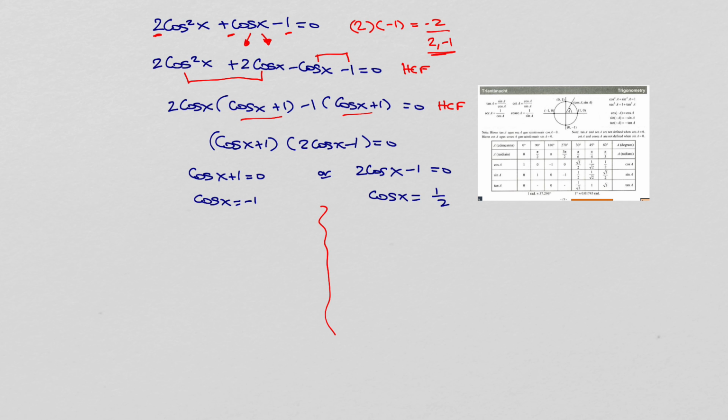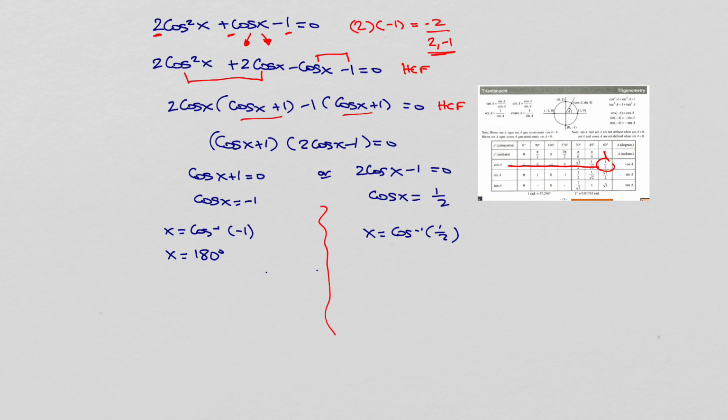And if we go to page 13 of our maths tables, we can see cos minus 1, which is 180 degrees. So in other words, if I get cos inverse of minus 1, there is only one possible solution, 180. And then if I get cos inverse of a half, well, if I go to my tables and I look for a half, I can see the answer is 60 degrees.